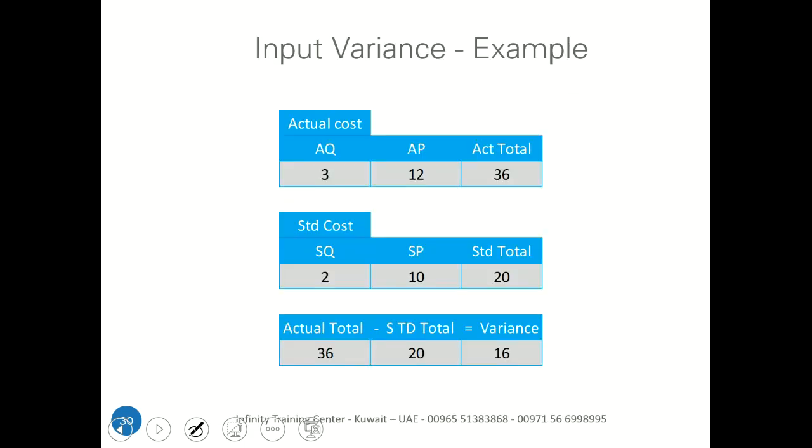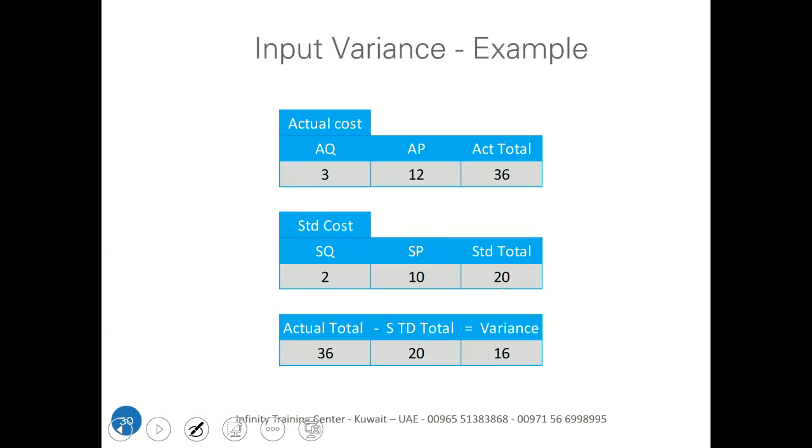So this is an example of input variance. We can see here our standard cost to make a product is $20. How did we get that? We have a standard quantity of 2 and a standard price of $10. So when you buy 2 units and spend that on the production, you will have $20 to make a product. This is your standard.